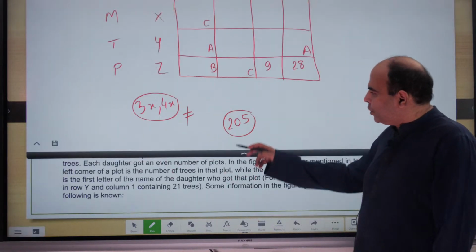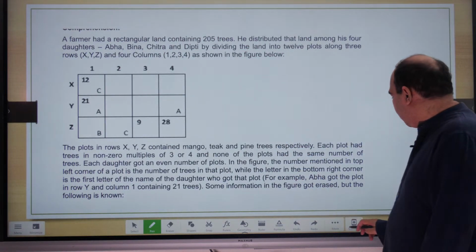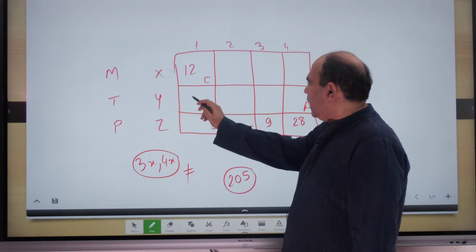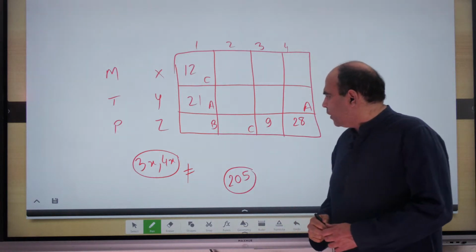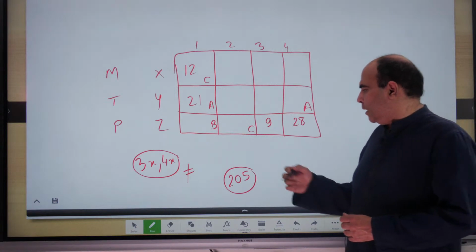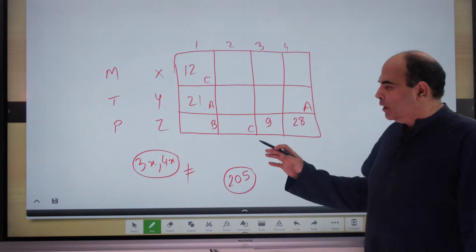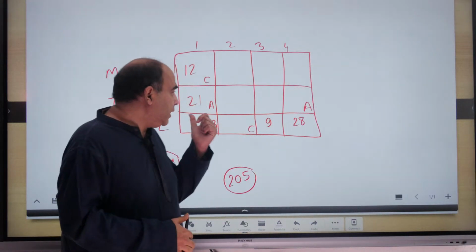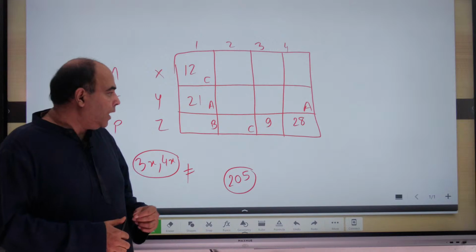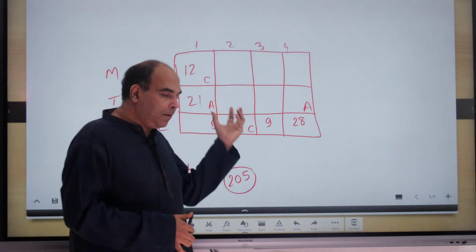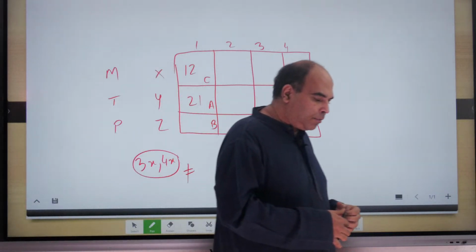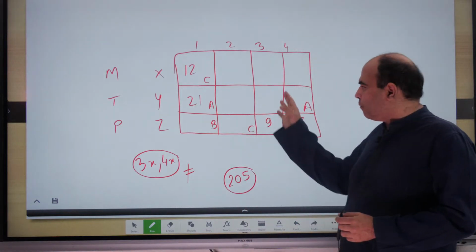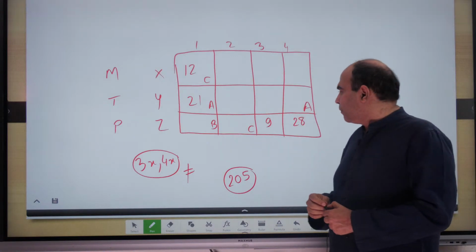There's more information in that table, 12 and 21, two numbers which I have not taken down. This is 12 and this is 21. The question goes further and tells us that these numbers are the number of trees in each plot, and A, B, C are the daughters who got the respective plots. So you can make out that there's a lot of data missing, a lot of plots whose number of trees you don't know.